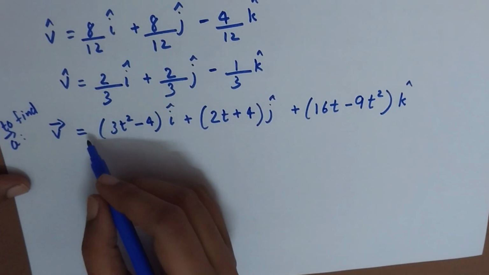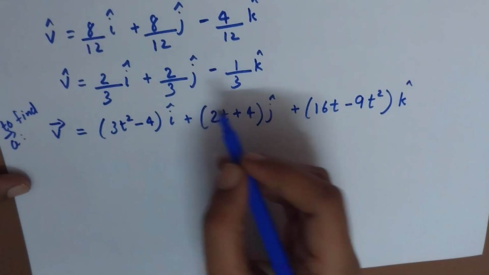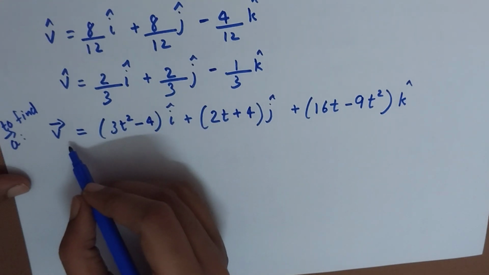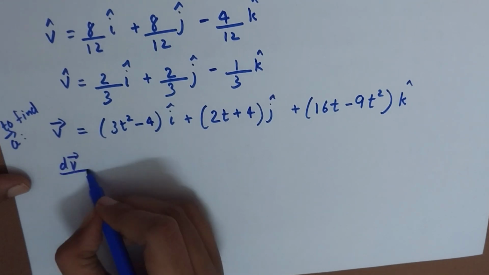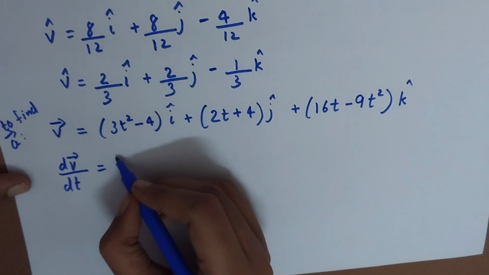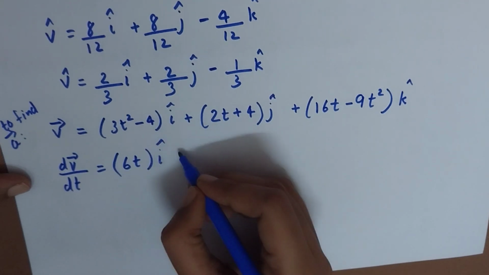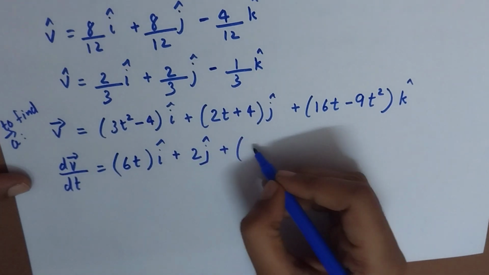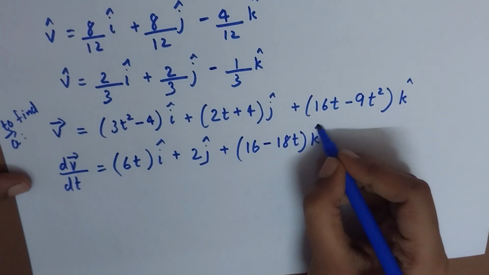Now this is a velocity vector, which we solved before. Now we have to find the acceleration vector. To find the acceleration vector, we should differentiate this velocity vector with respect to time. So dv vector by dt is equal to 6t i cap plus 2 j cap plus 16 minus 18t k cap.